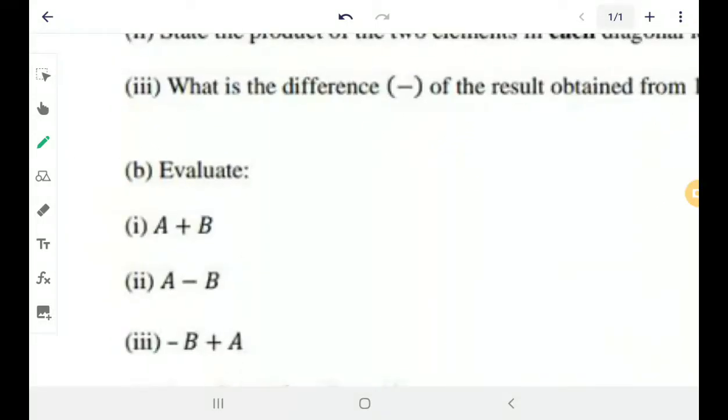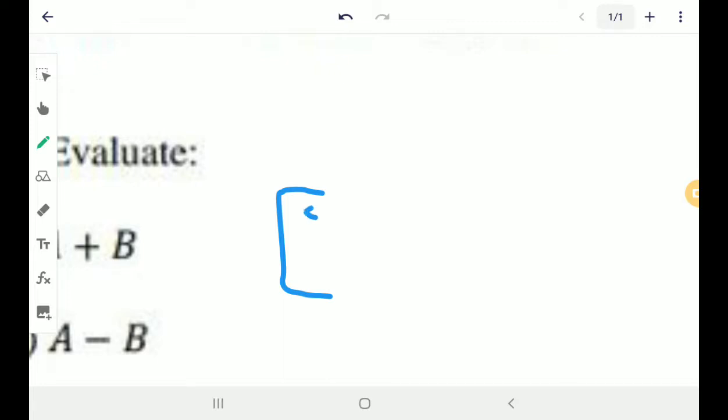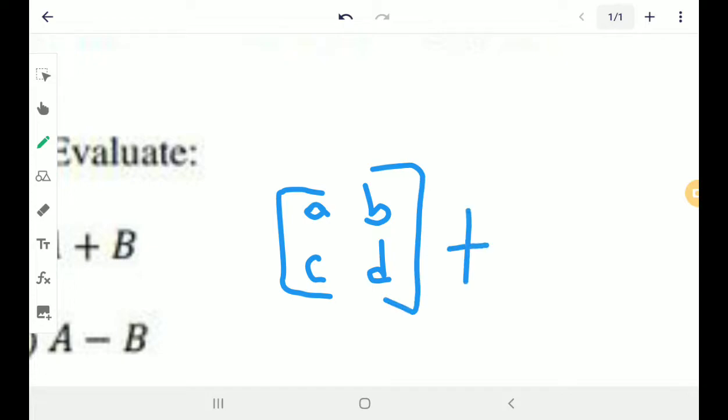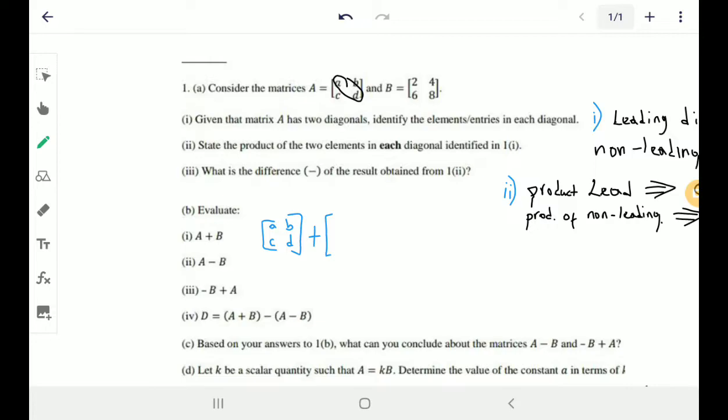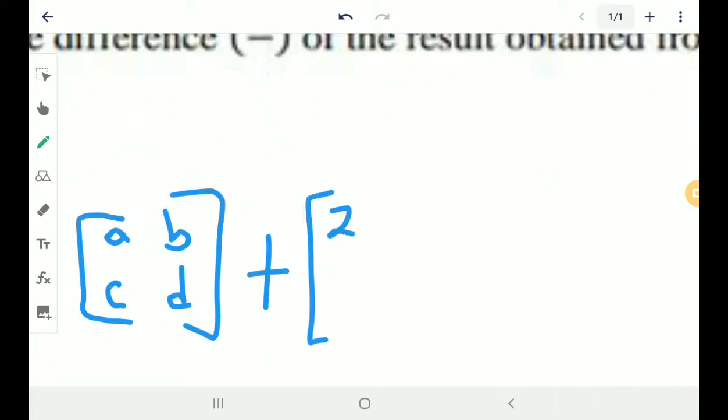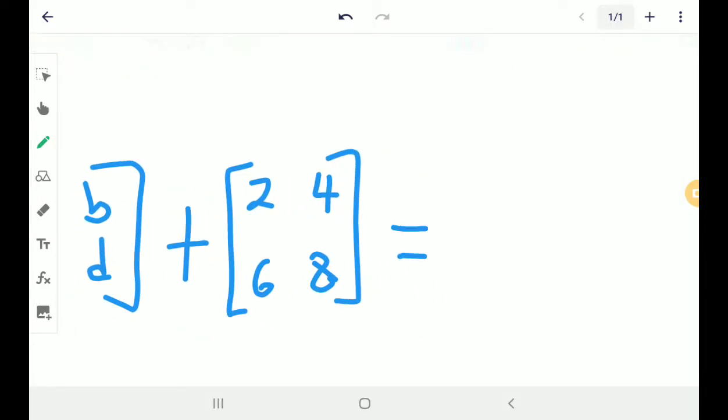So matrix A, which is A, B, C, D, we're going to add it to matrix B, which has the elements 2, 4, 6, 8. So what would be our result?